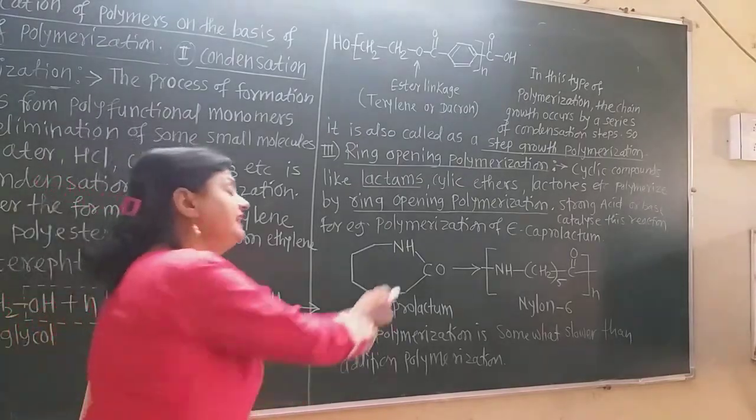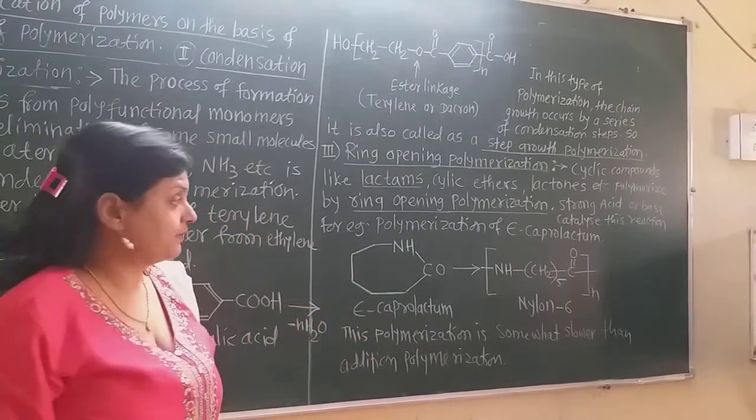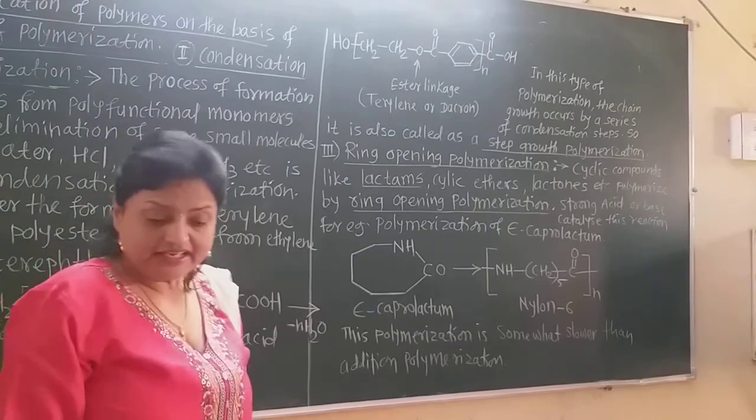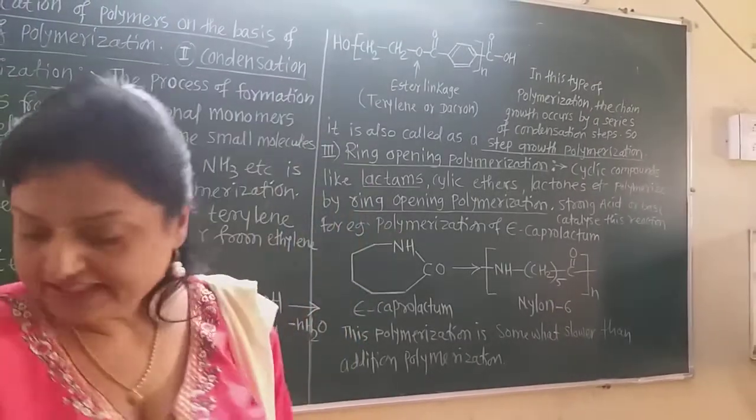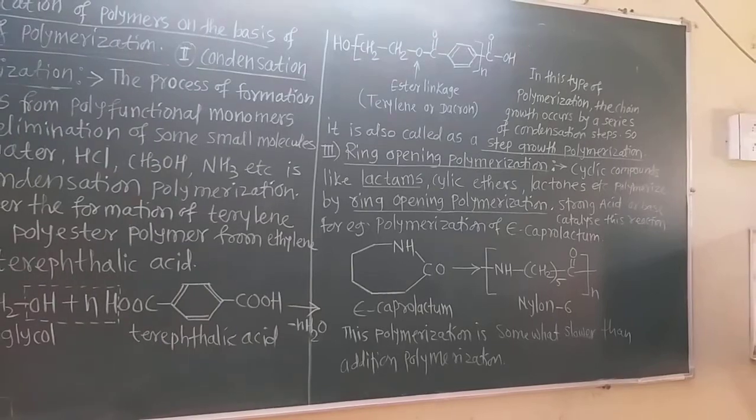That means the ring gets opened in this polymerization and there is formation of a long chain polymer having a very large molecular weight. Now let us take the example of formation of nylon 6.